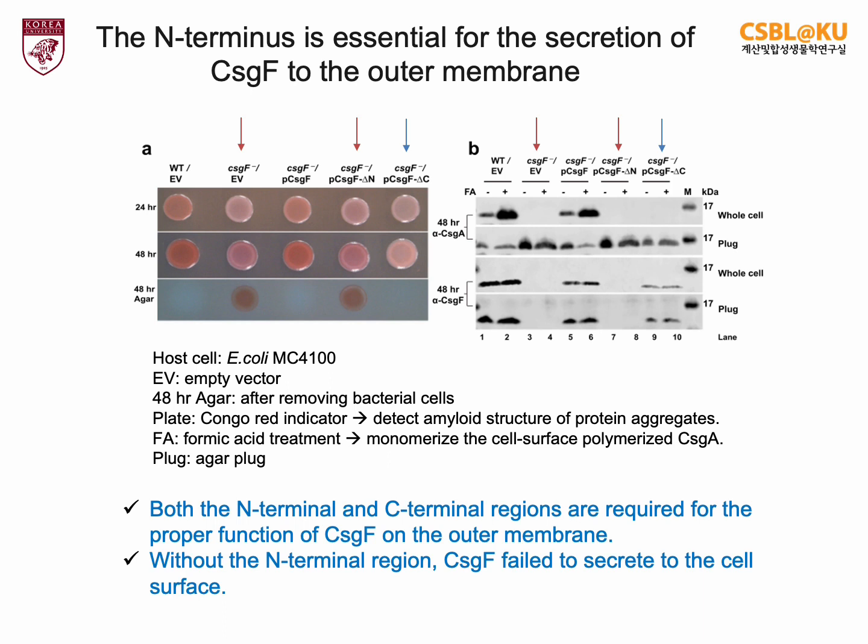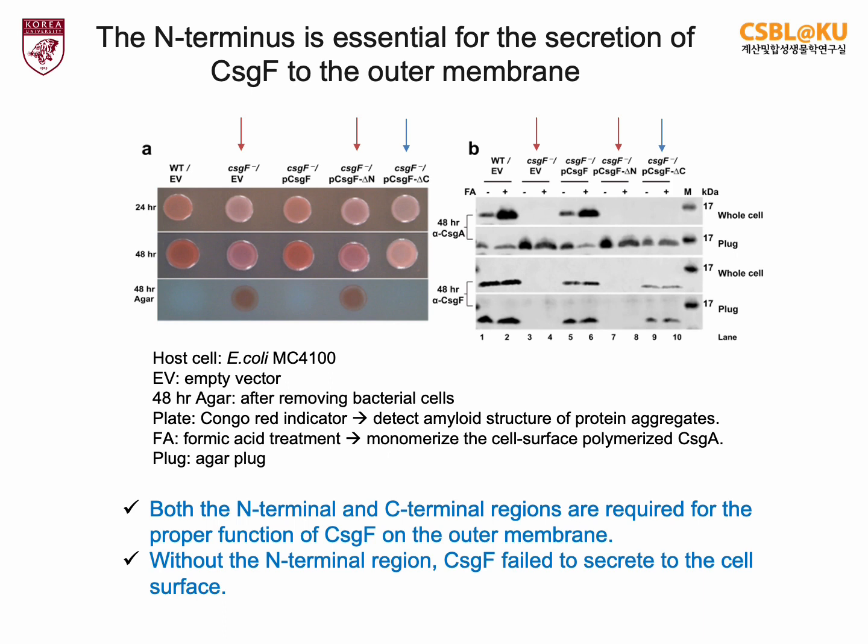So they measured CsgA by SDS-PAGE in whole cell and agar plug to conclude that in the CsgF knockout strain CsgA fails to polymerize on the cell surface, allowing unpolymerized CsgA to be secreted away from the cell surface.